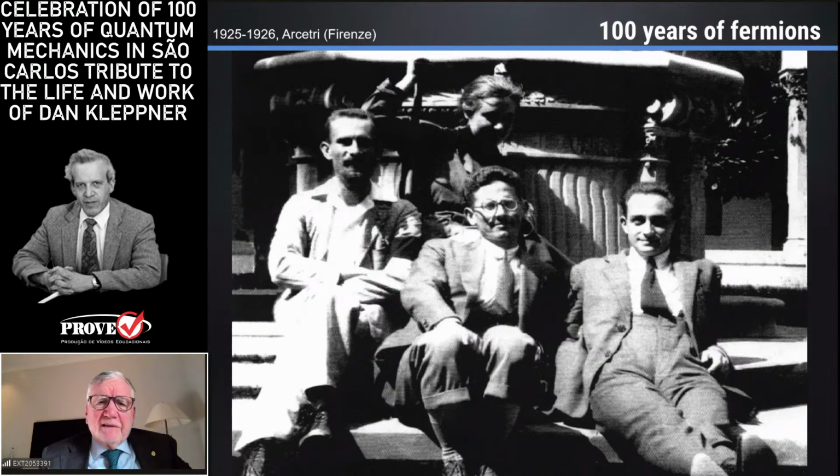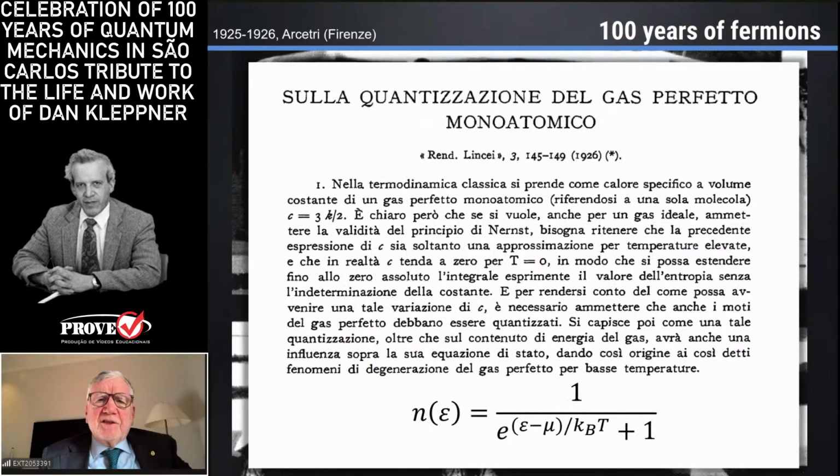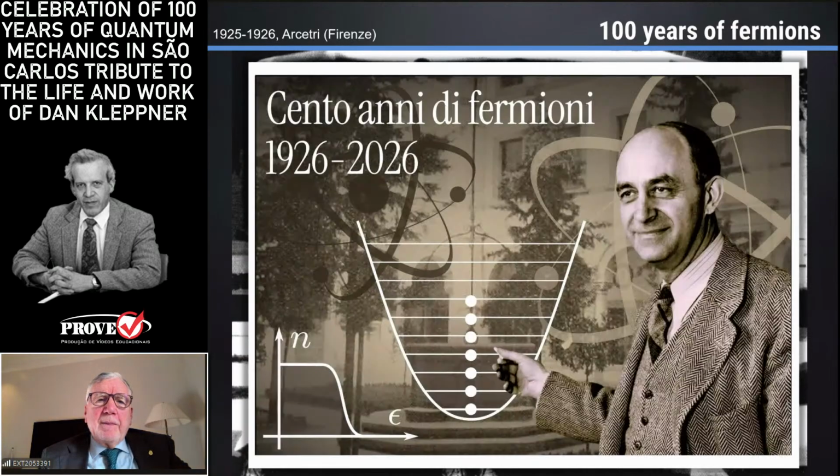So the place was that. This is the paper on the quantization of a perfect monatomic gas, which gave origin to the Fermi statistics, and several years later, something like 78 years later, we were able to have this degeneracy.